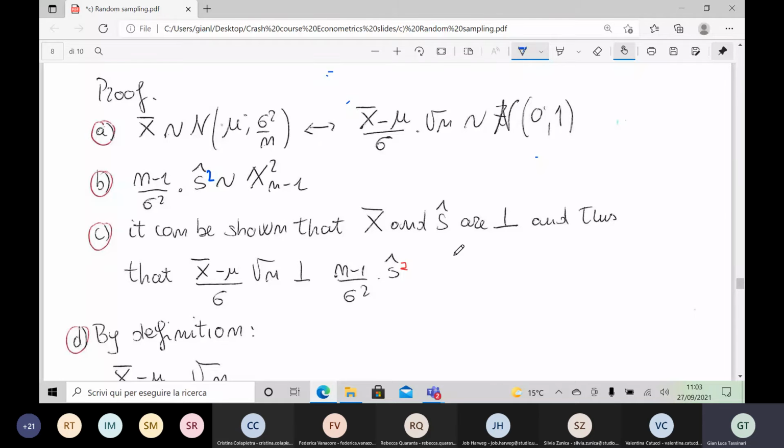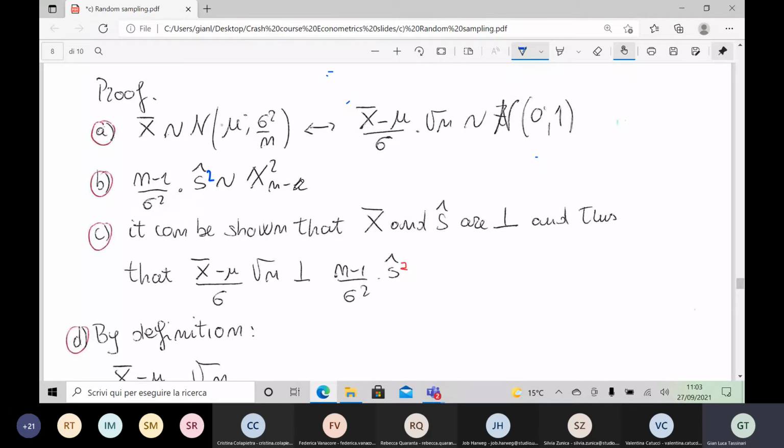Since X bar and s hat are independent, then also (X bar minus mu) over sigma times square root of n, which is only a transformation of a normal random variable, is independent with respect to s hat square times this constant. So this standard normal random variable is independent with respect to this one.